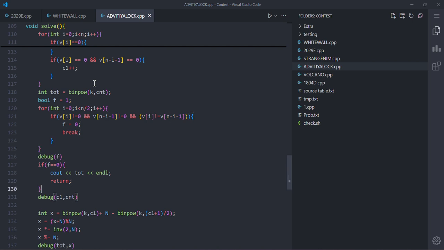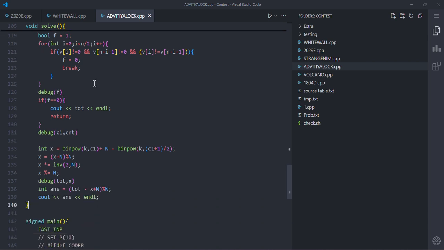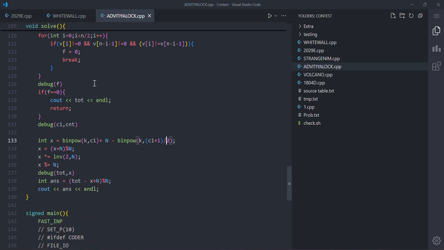So then the answer will be the total answer in this case. And otherwise, k raised to power c1 minus k raised to power (c1 plus 1) by 2, these are overcounted, so I am subtracting and dividing by 2, and I am subtracting it from the total answer and finally printing the answer. Hope you understand this.